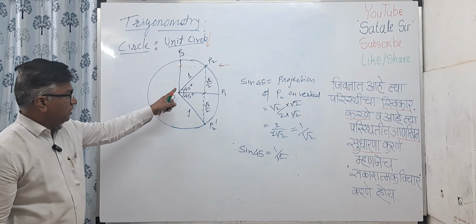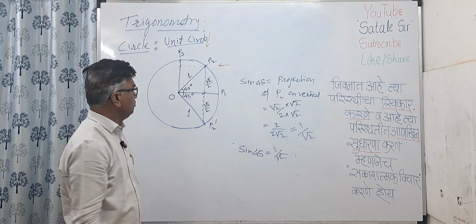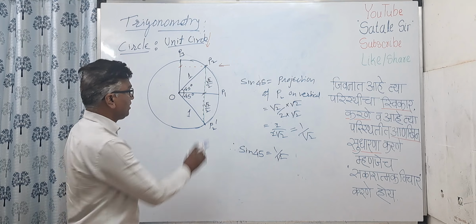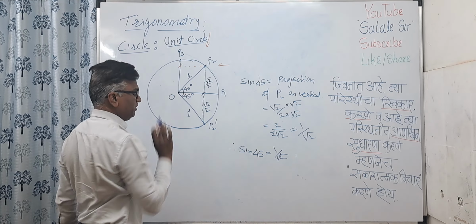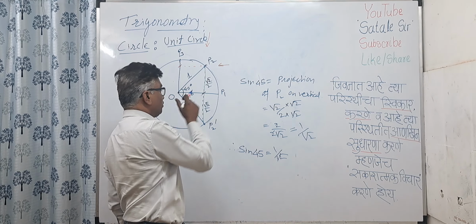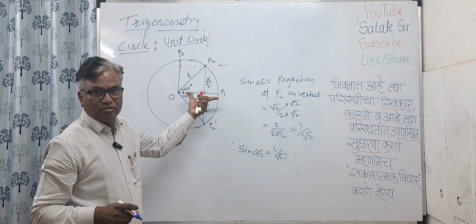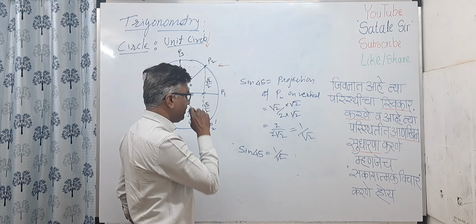Similarly, cos of 45 in this particular case is also 1 by root 2, because this forms a square. So all the sides are equal. This side is equal to this side and this side is also equal to this side. Therefore, the projection of this point P2 on this adjacent side or the horizontal side is called the cos of that angle.